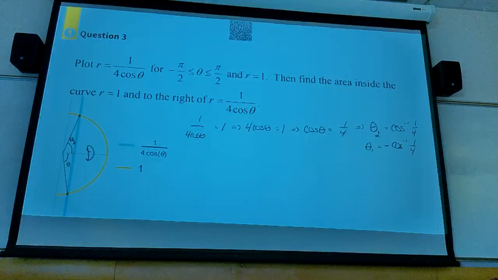That is too much to write. I'm just going to call it something else. I'm going to call it psi. So theta goes from minus psi to psi.